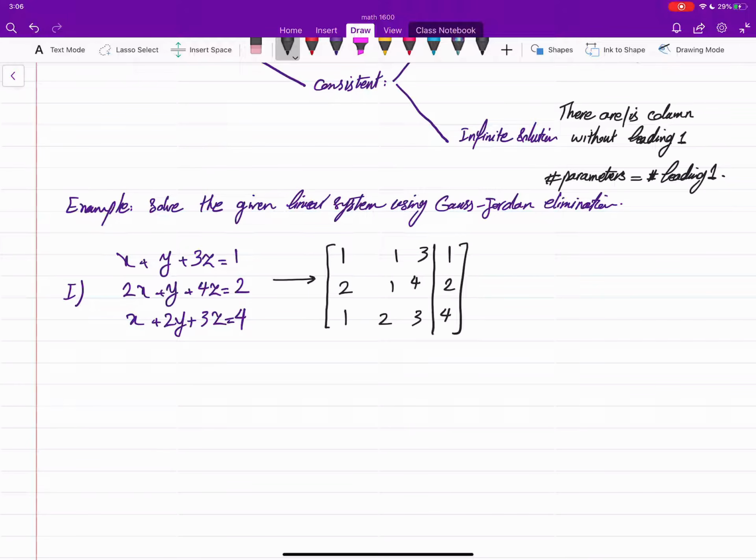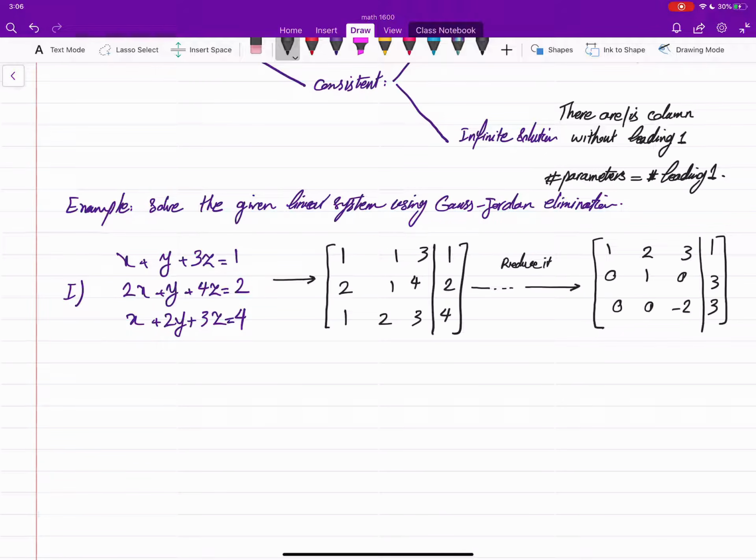Well, we already did the reduction of this to row echelon form. What we found was this matrix: 1 2 3 0, 1 0 1 3, and 0 0 negative 2 3.